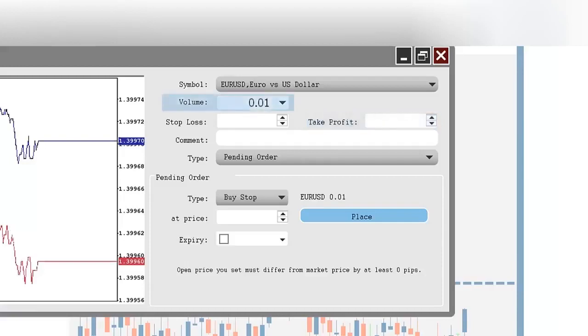Position size or volume is how much you will buy or sell. It is important to know that when you wish to buy, you select the type buy stop. And when you want to sell, you select the type sell stop.